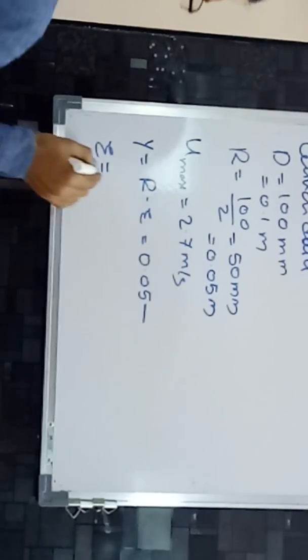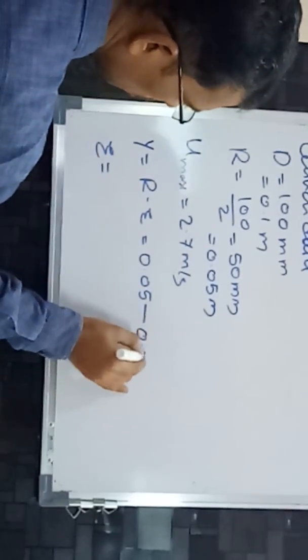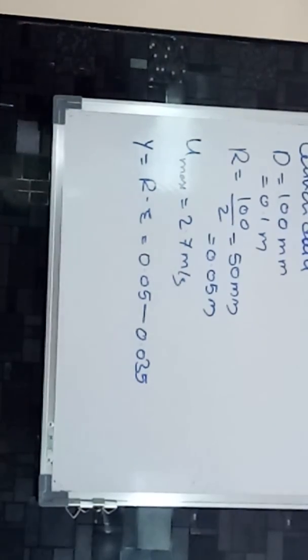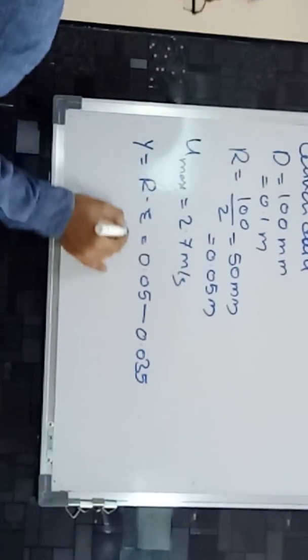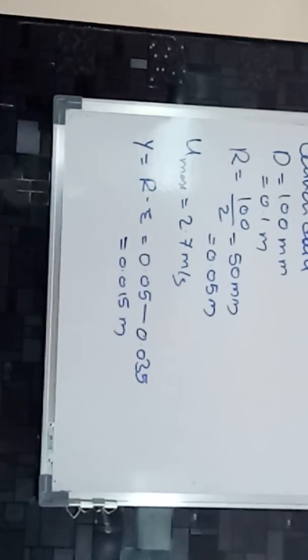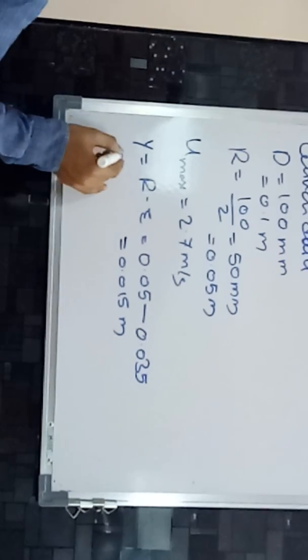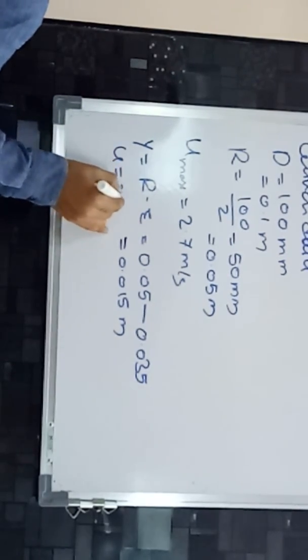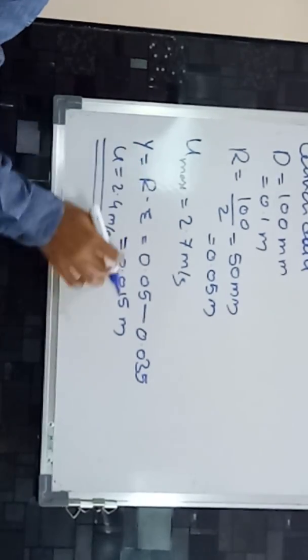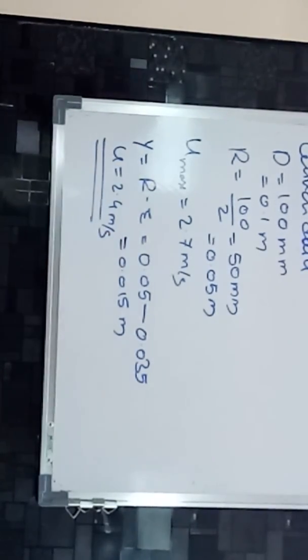Okay, so it means 0.035, so y will come 0.015. Okay, at velocity 2.4. At this velocity, this is your y.